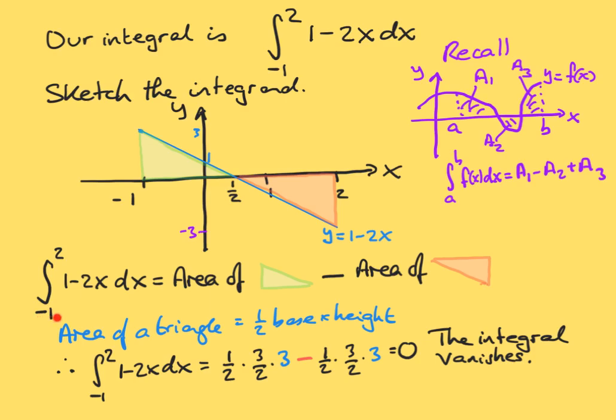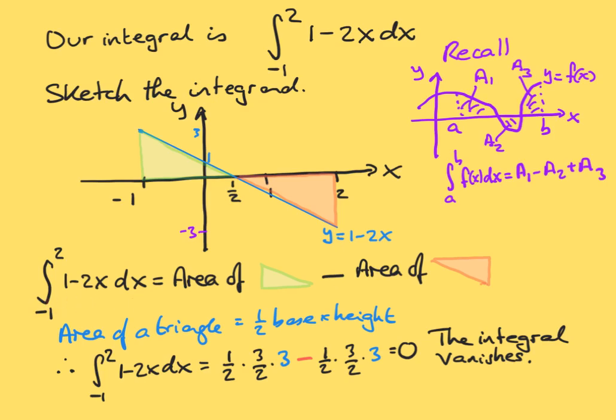And a geometric understanding of a definite integral is that this integral is equal to this area minus this area. All areas are positive, but this area, because it is below the x-axis, gives a negative contribution to the value of the integral.